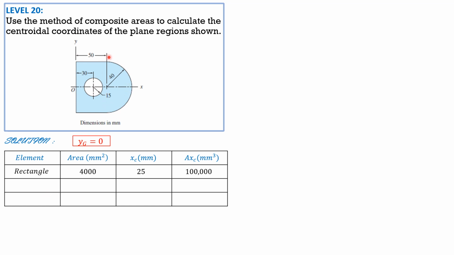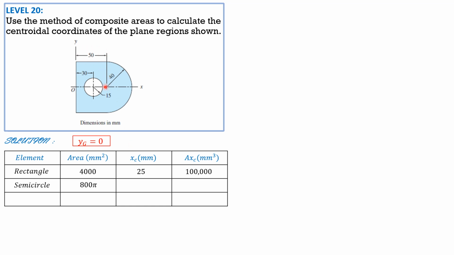Then for this semicircle, the area is pi over 2 times radius square, pi over 2 times 40 square. So not shown, but let's put it here right away. So pi over 2 times 40 square is 800 pi. And x sub c is, this is the centroid formula here, 4r over 3 pi. 4 times 40 over 3 pi, then we add 50.